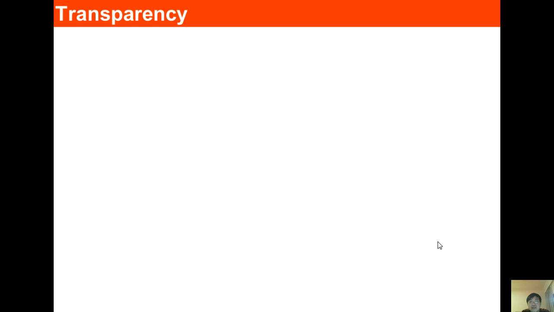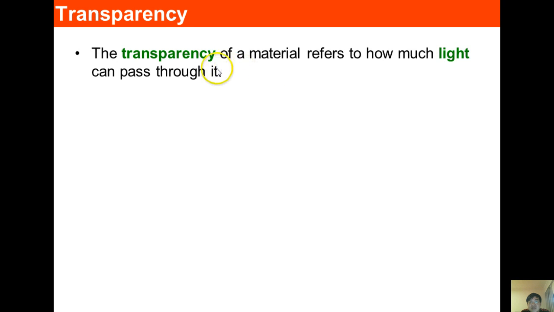Let's carry on to the next property, transparency. Once you see the word transparency, it simply means seeing through. Transparency of a material refers to how much light can pass through. Some materials, like the bathroom door, that glass door, are not totally transparent.